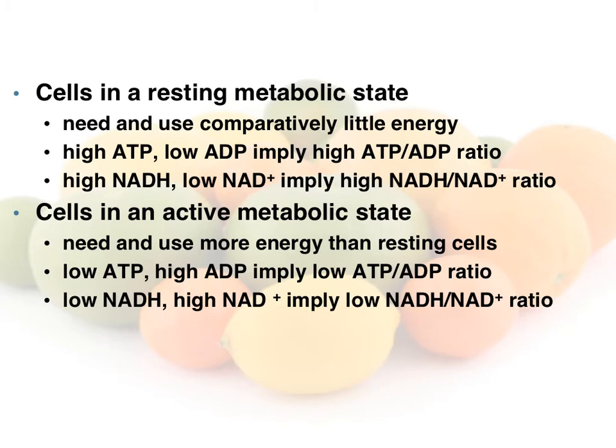Your NADH will be high, your NAD plus will be low, so that ratio also will be high. Whereas if your cell is active, the converse is going to be true. And we are very limited in the actual total amount of the NAD and the ATP, ADP that we have around. There's only so much, right? Especially the NAD and NADH, we're really limited. And so it's that ratio that's so important.